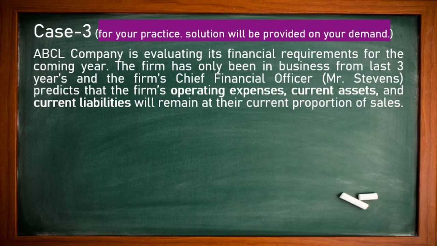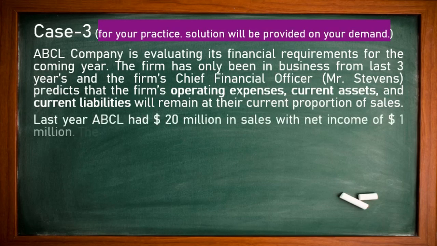So let me explain the case and then we'll discuss further. ABCL company is evaluating the firm's financial requirement for the coming year. The firm has only been in business for the last 3 years. And the firm's chief financial officer, Mr. Steven, predicts that the firm's operating expenses, current assets, and current liabilities will remain at their current proportion of sale.